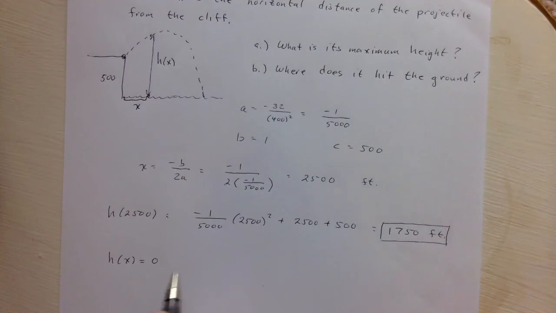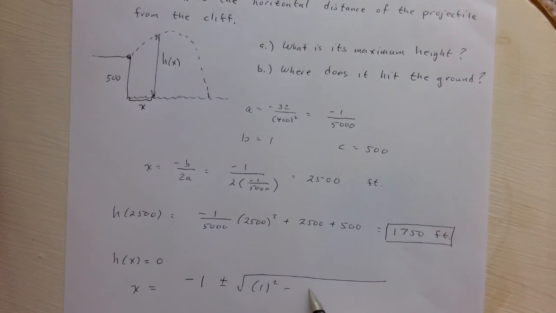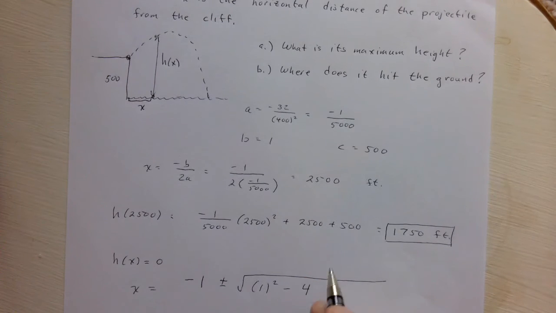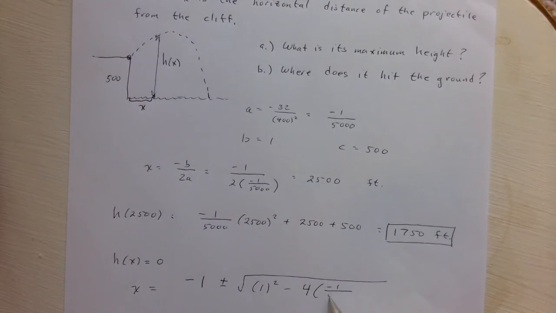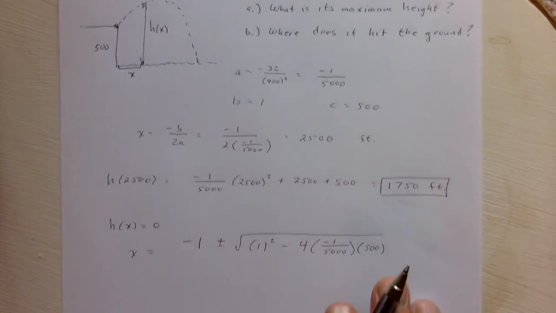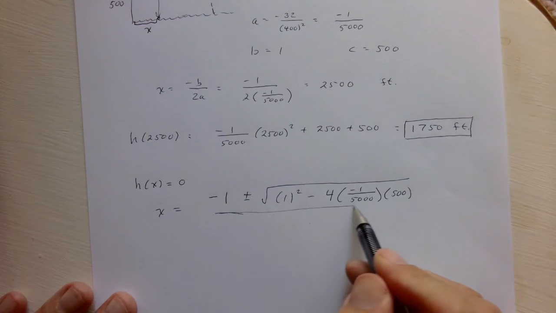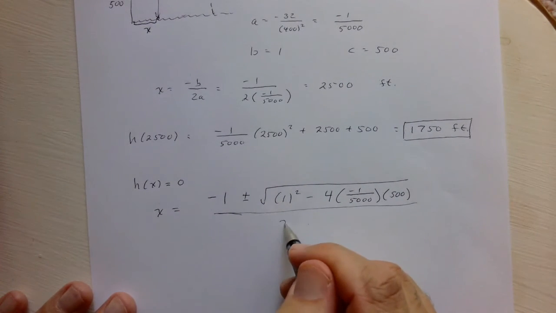So the quadratic formula tells us that x is going to be minus b plus or minus the square root of b squared minus 4 times a times c, all over 2a.